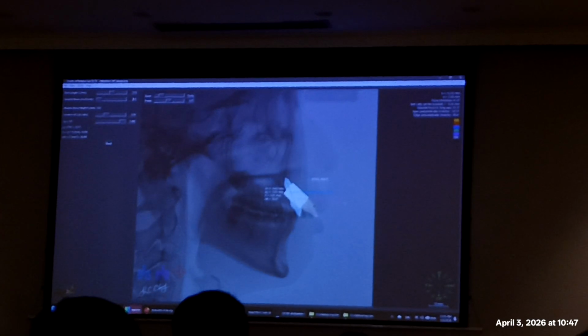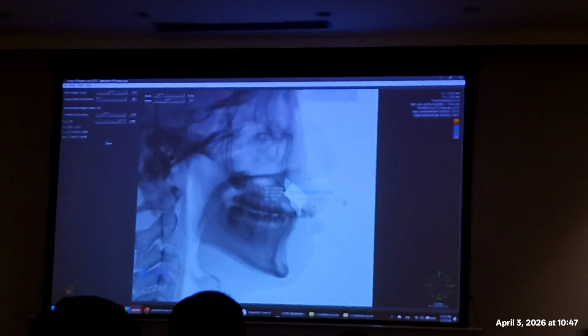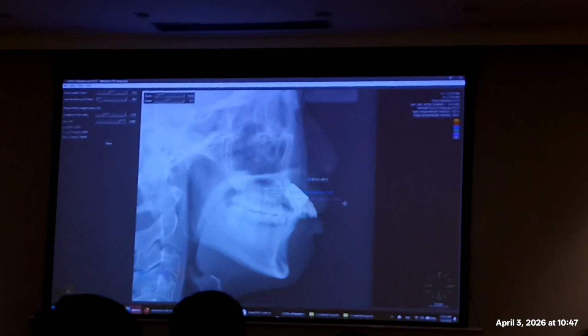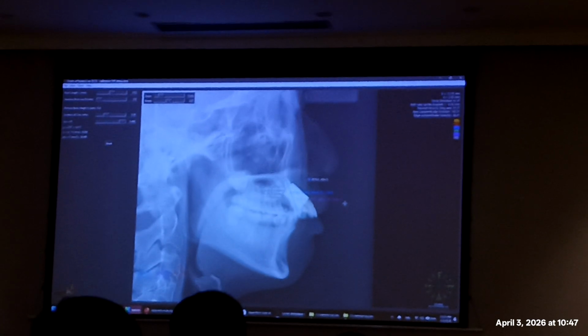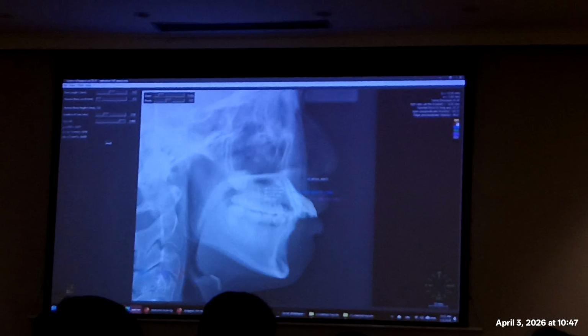So let's put it back to default. So Control T, Control N, so it's the original image. And in this case, the alveolar bone is no longer relevant, so I want to hide the alveolar bone. So just click this yellow alveolar bone. If you click it, the alveolar bone will be hidden.